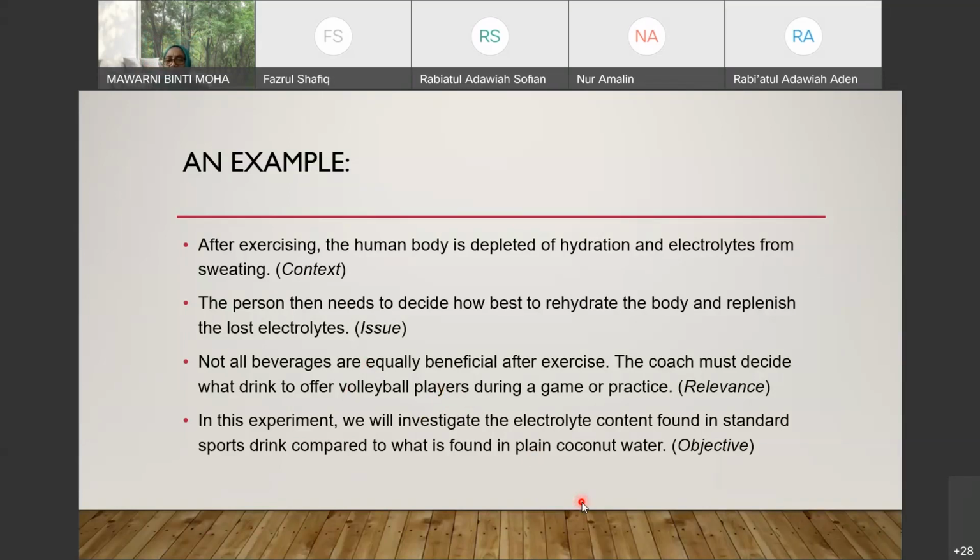It's like, okay, how can coconut water hydrate people? In an experiment, it means there is probably some kind of lab work that needs to be included here. So what components are available in coconut water, and what components do we have in energy drinks? Yes, thank you. I'm sure you get the ideas now, right? Okay, very good. Moving on.